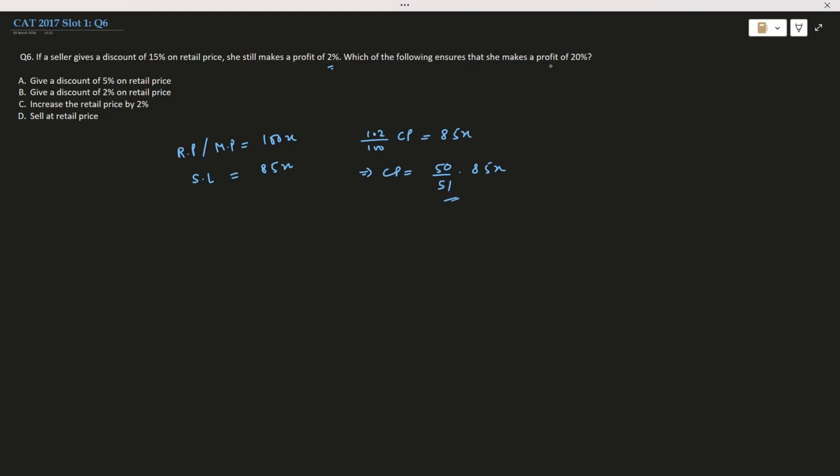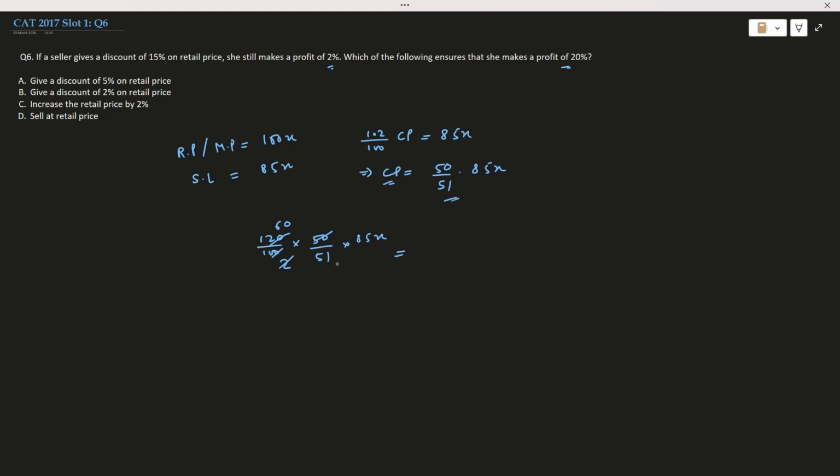Which of the following ensures that C makes a profit of 20%? Now, this is the cost price. I need to make a profit of 20%. That means the selling price will be 120% of the cost price. Cost price is 50 by 51 into 85x. So this and this got cancelled, this and this got cancelled. Is this divisible by 3? No. 17, is this divisible by 17? 17 into 3 is 51, 17 into 5 is 85, this and this got cancelled.